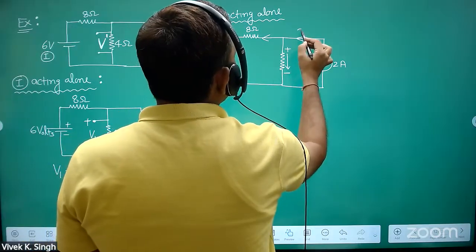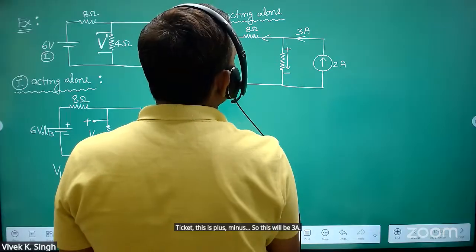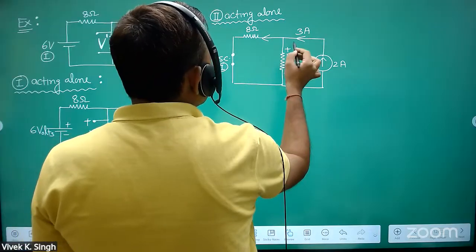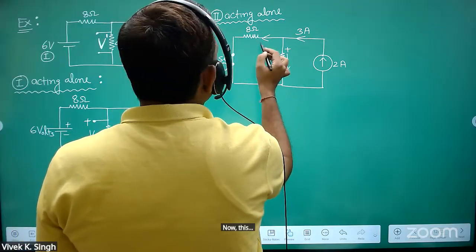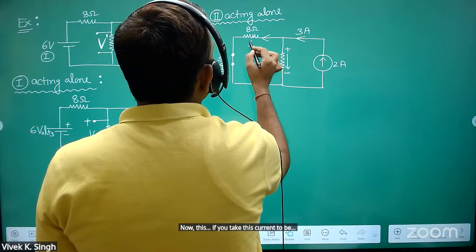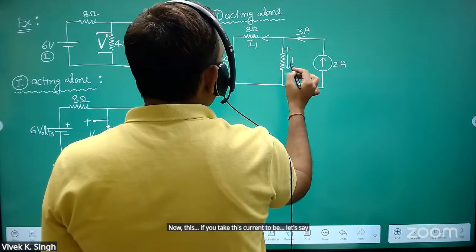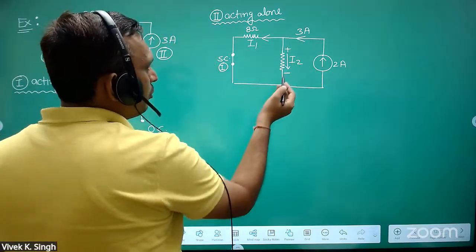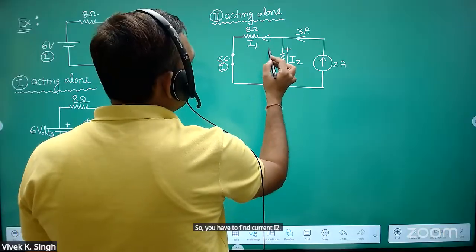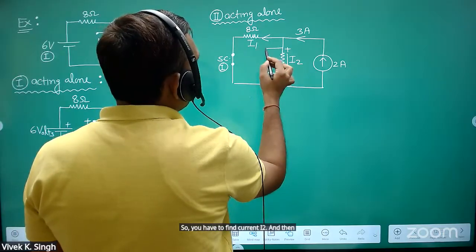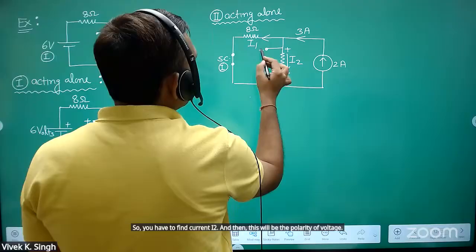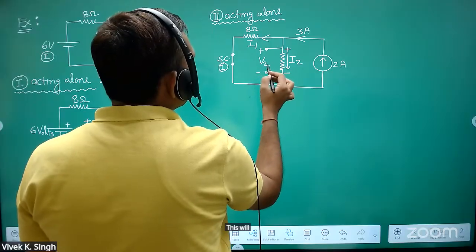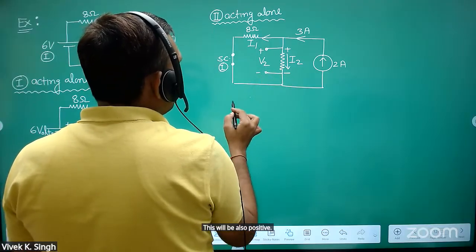So this will be 3 ampere. Now if you take this current to be, let's say, I1 and this is I2, you have to find current I2, and then this will be the polarity of voltage. This will be also positive. So what will be I2?